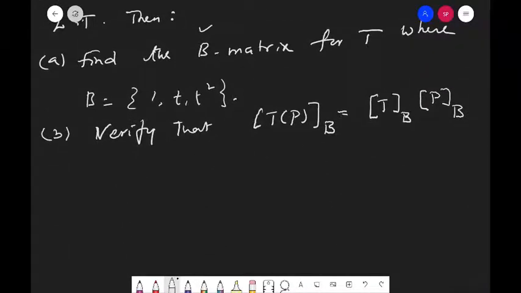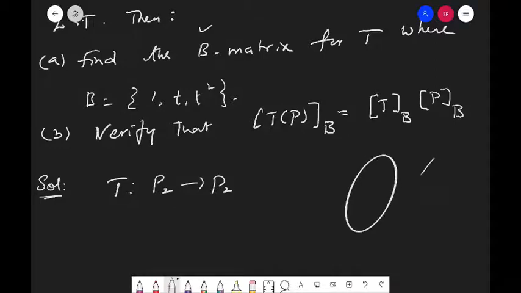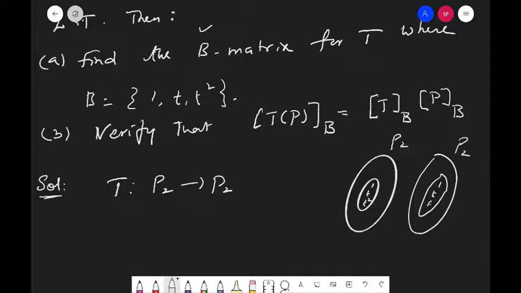So let us look at the solution. Here you are given T from P2 to P2. Both have the same basis, 1, t, t squared.